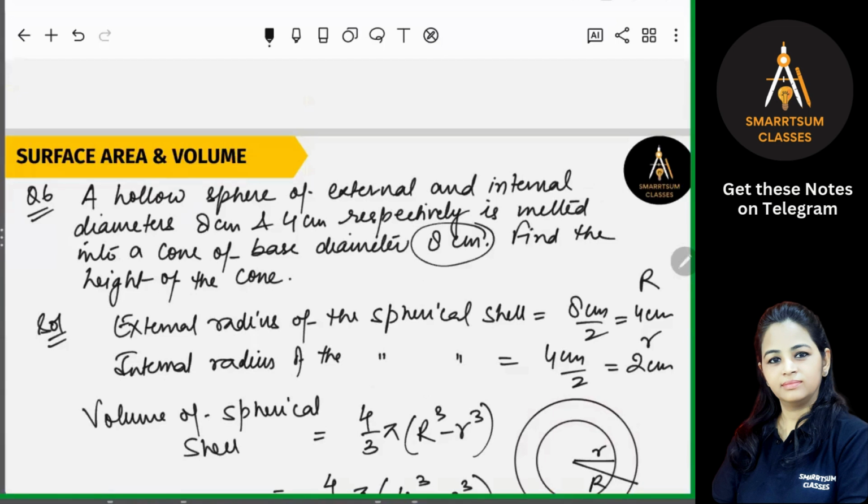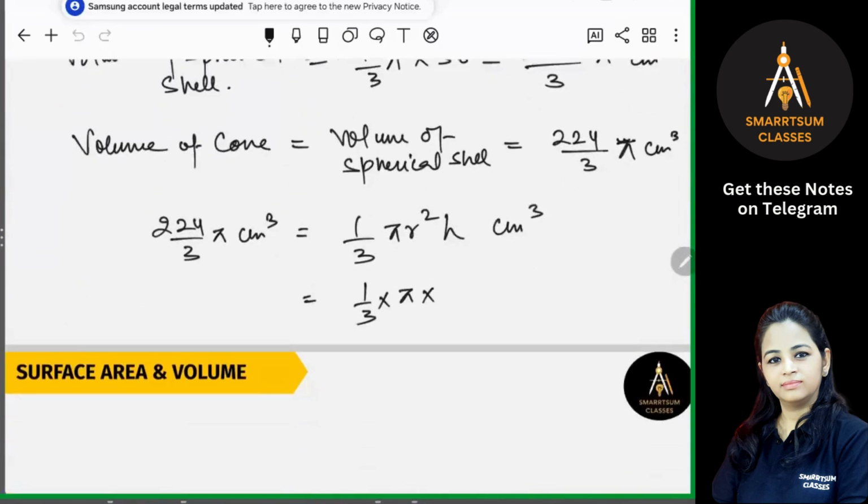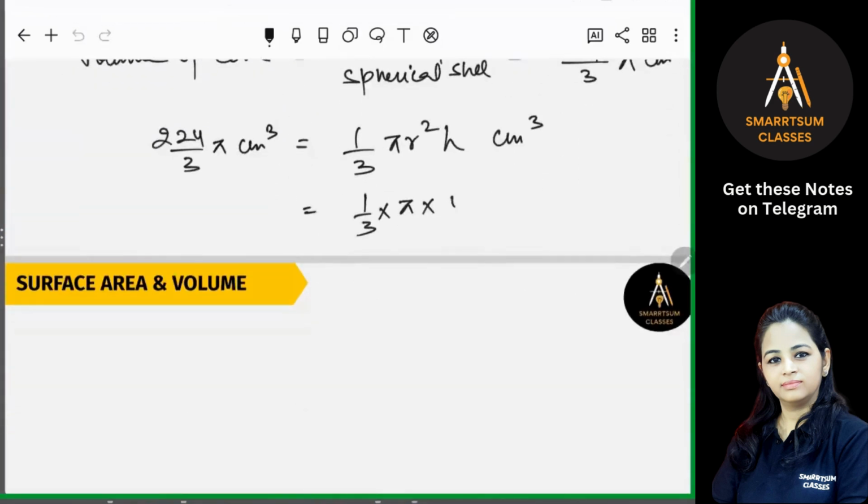So radius will be 4 centimeter. So radius of cone is 4 centimeter. So it is 4 square into h, and this is 224 by 3 pi.